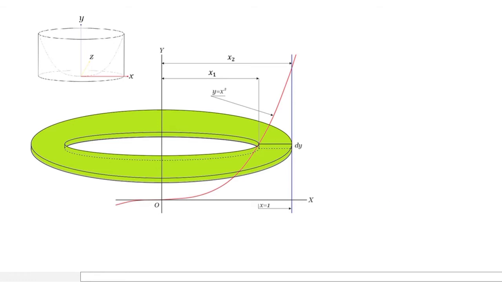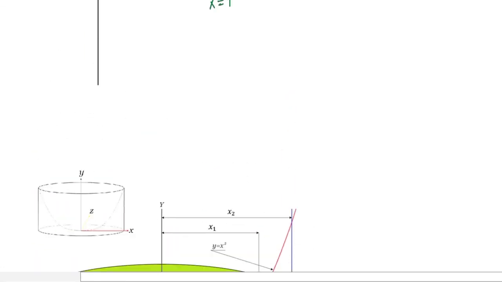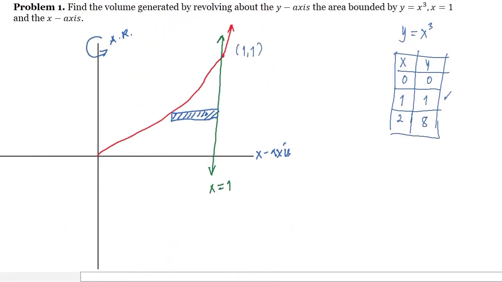Magiging ganito ang itsura niya, no? So, etong thickness na to, that would be the dy. And of course, this distance here is our x sub 1, and this distance here is our x sub 2.